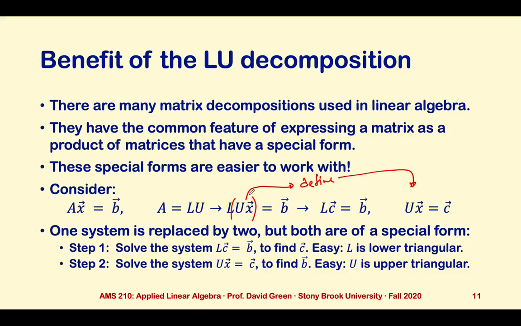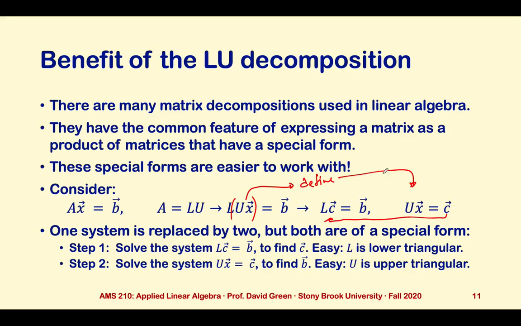If we have this vector C, we can then substitute it in. This substitution gives us the form LC equals B. Now, L is a lower triangular matrix and U is an upper triangular matrix.